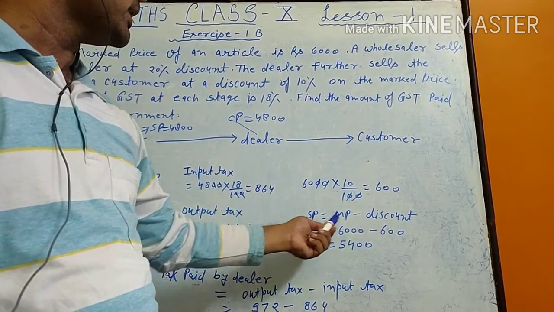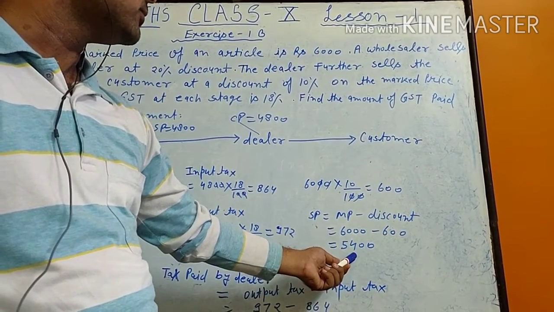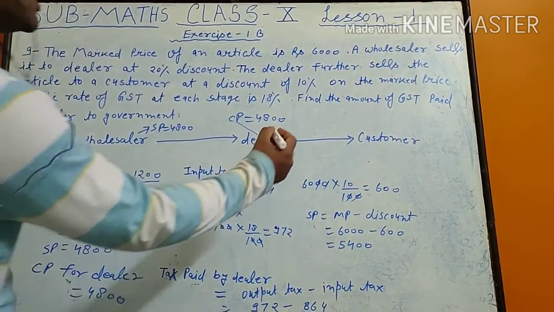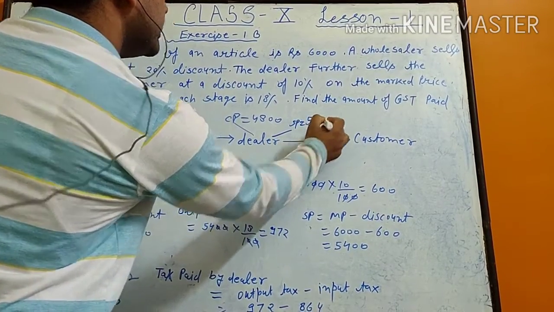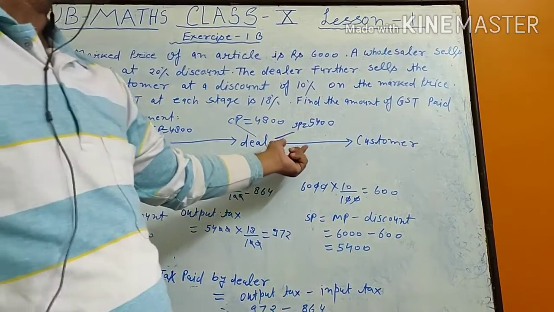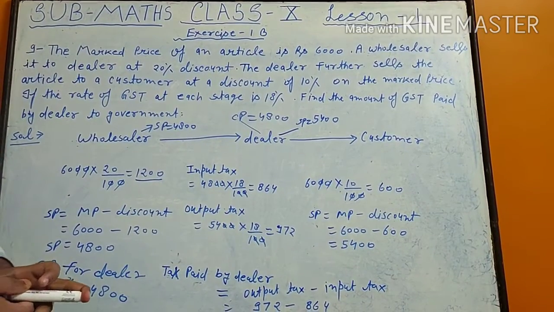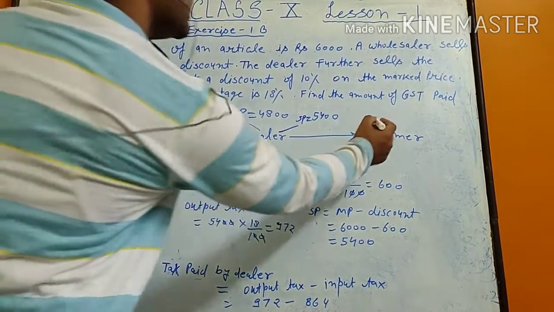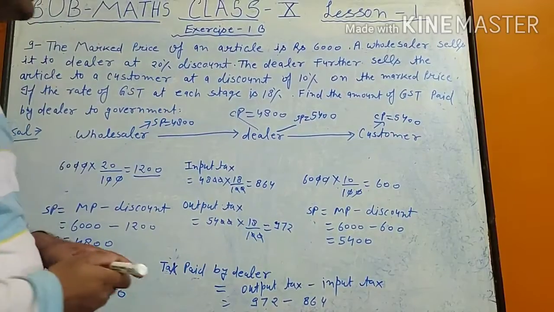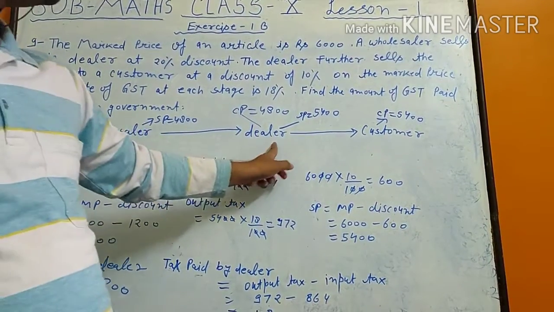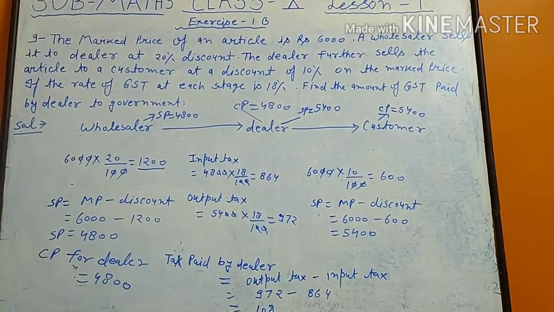Now selling price is equal to mark price minus discount, 6,000 minus 600 is equal to 5,400. The dealer sells the product to the customer at 5,400 rupees. So the CP for the customer is 5,400.